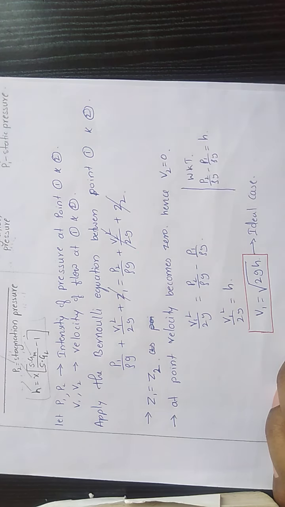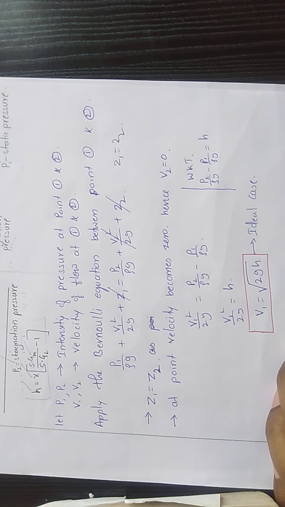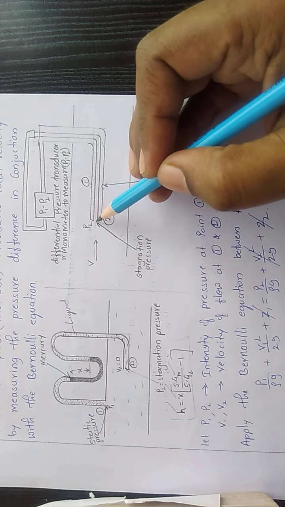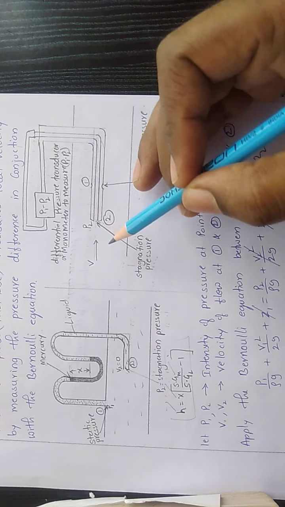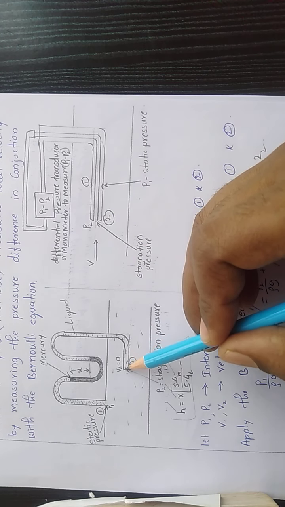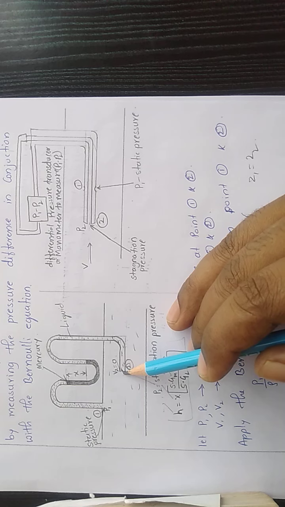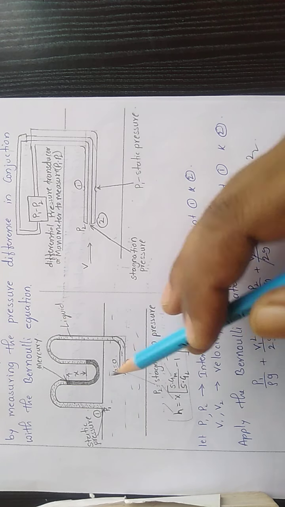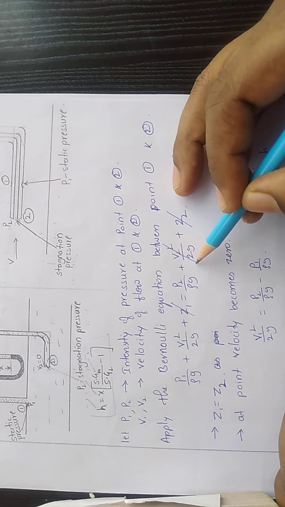Z1 and Z2 cancel because Z1 is equal to Z2, and V2 is 0. V2 is 0 because when the fluid comes here, all its kinetic energy is converted into pressure energy. So V2 becomes 0.